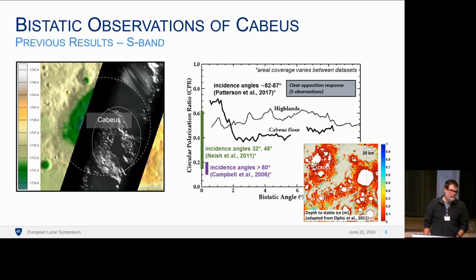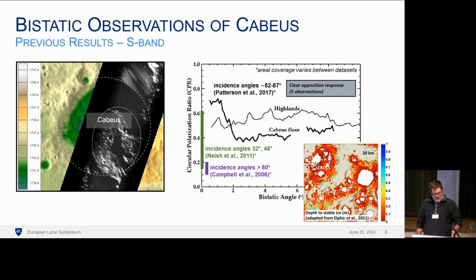In particular, water ice, if present at the moon in multiple-wavelength-scale thickness deposits on the spatial scale that the radar can sense, we would see an opposition response, a very strong one that occurs in a pretty narrow range.